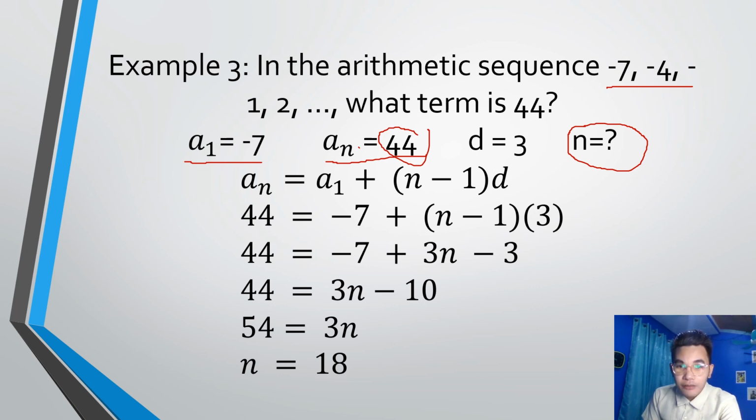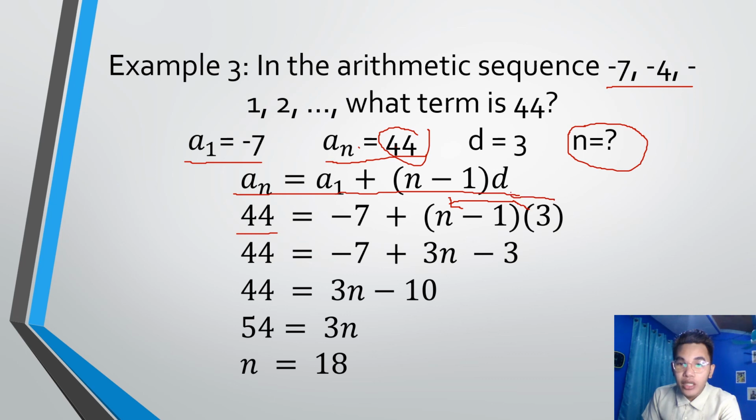So, using the formula again, a sub n is equal to a sub 1 plus n minus 1 times d. So, 44 is equal to, the first term is negative 7. Then, d is 3, so just substitute d as 3. Then, you multiply. 3 times n, we have 3n.